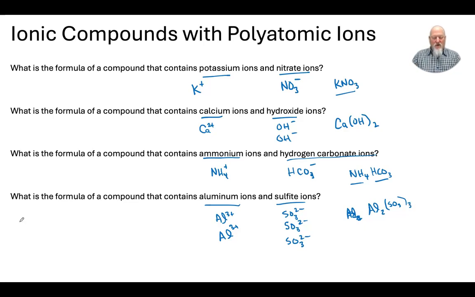So the compound that forms when I combine aluminum ions and sulfite ions is going to be aluminum sulfite. The formula is Al2(SO3)3, where that 3 on the outside of the SO3 means I need 3 SO3s, and the SO3s are 2-. So in a crystal of that, for every 2 aluminum ions, there'll be 3 sulfite ions.